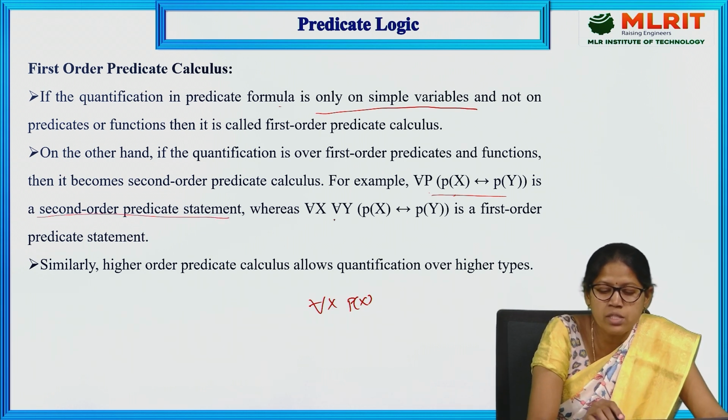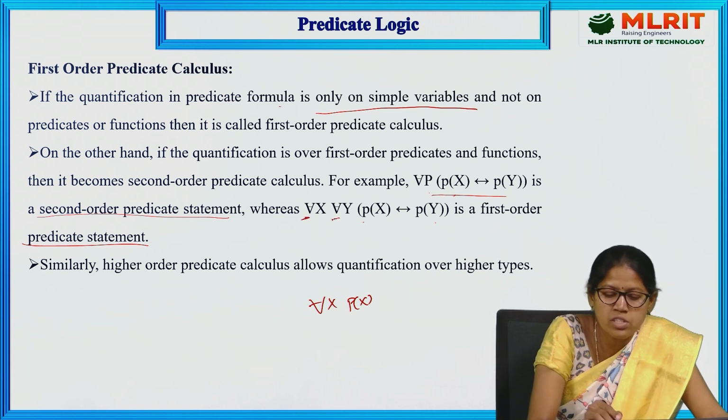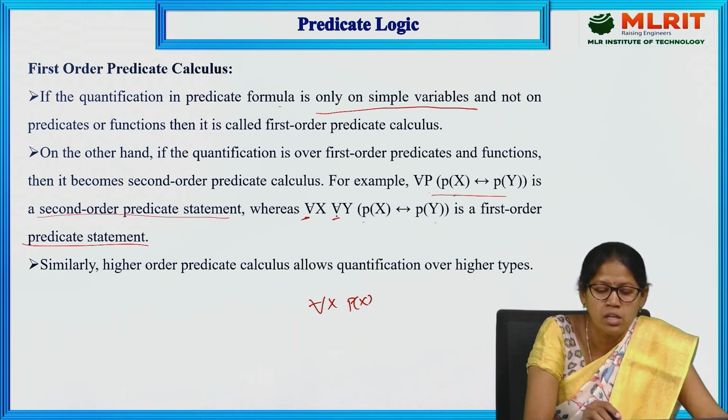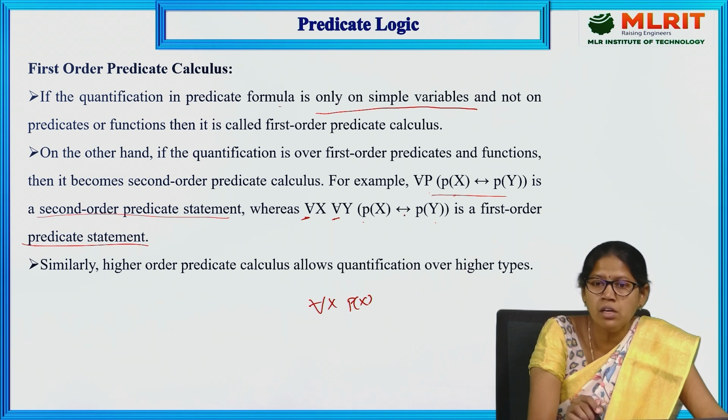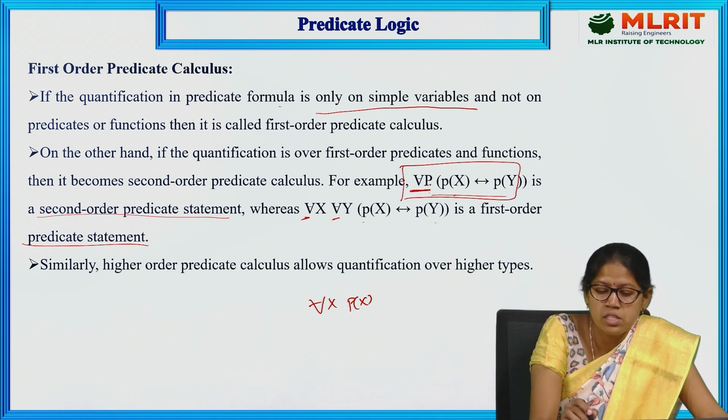Whereas for all X, for all Y, P of X equivalent P of Y is a first order predicate statement. The quantification is applied on the variables, not on the functions. If you see this example, the for all is a quantifier which is applied on the P.